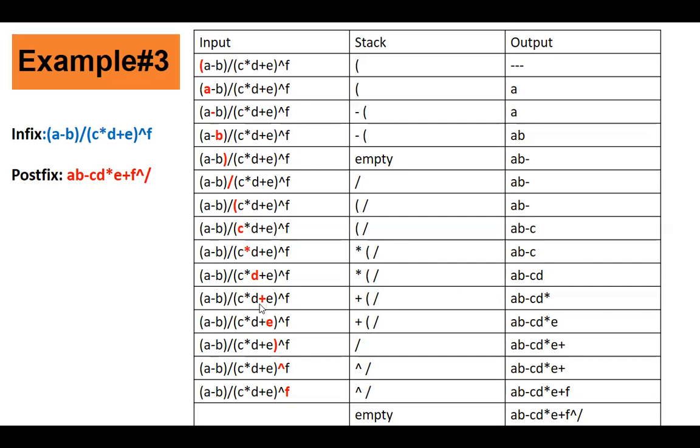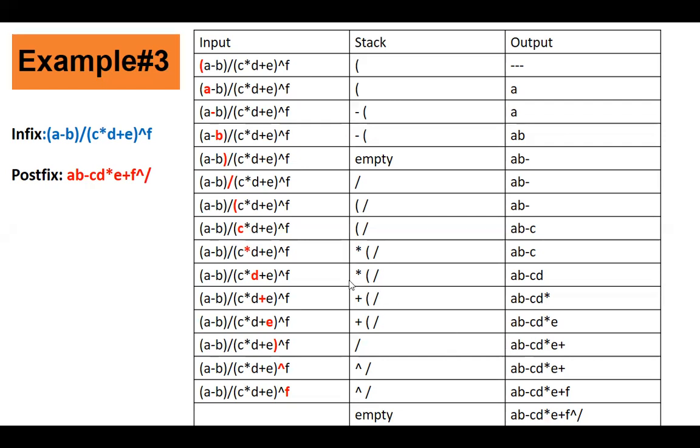Next input symbol is plus, an operator. Now you check. In the stack, we already have the multiplication symbol and incoming is the plus symbol, right? So now you need to check the precedence. Precedence of the multiplication symbol is greater than precedence of plus. If the precedence is more, that means smaller cannot reside over greater.